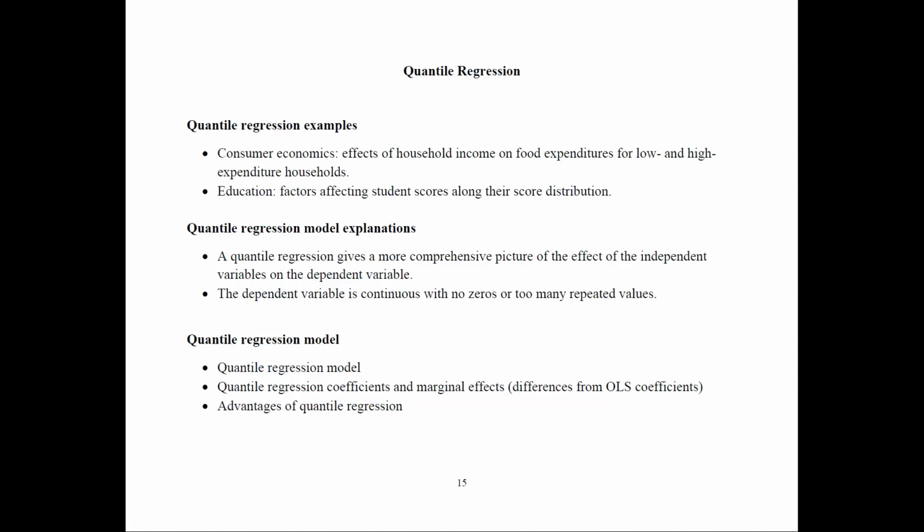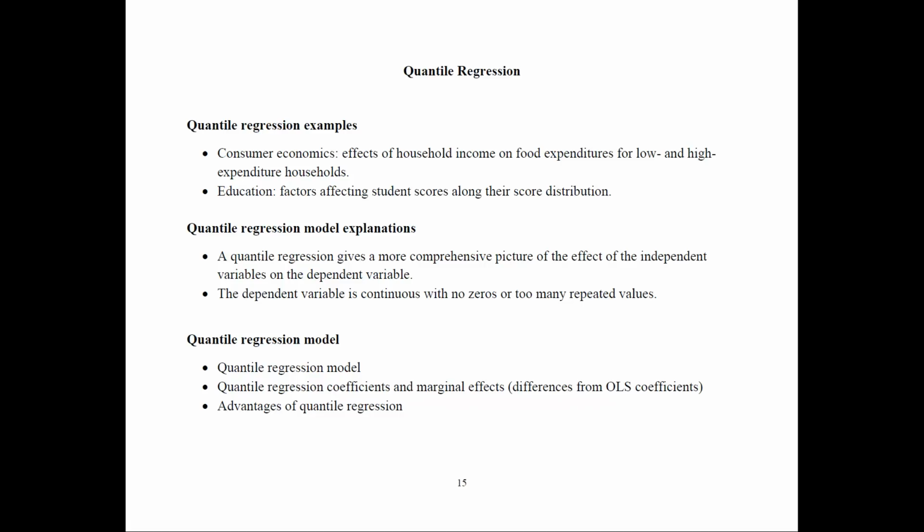So quantile regression would give you a more comprehensive picture of the effect of the independent variable on the dependent variable along all the quantiles, or the distribution, of the dependent variable. And it's important that in this case we have a dependent variable that is continuous, with no zeros or too many repeated values.